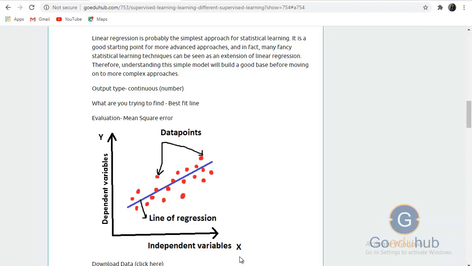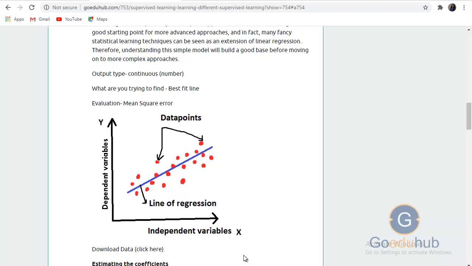Like here, if you have only one x, then this is simple linear regression. And when you have more than one x, more than one independent variable, then you can call it multiple linear regression.